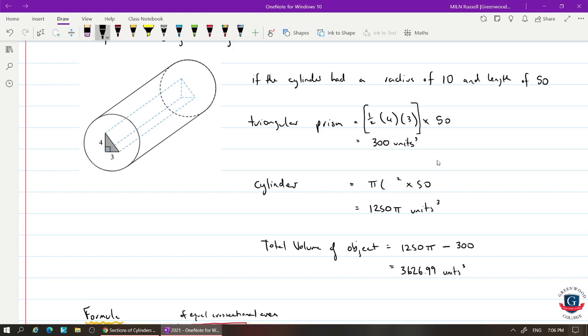So 100 times pi times 50. 100 times 50 is 5,000 pi units. Take my 5,000 pi and subtract my 300.